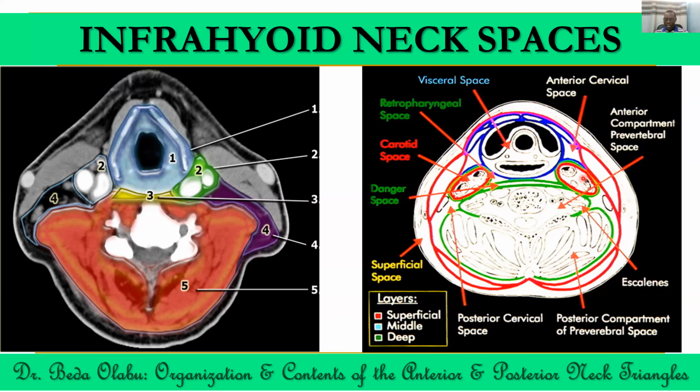The carotid space is this one here, enclosed by the carotid sheath. It houses the common carotid artery, internal carotid artery, internal jugular vein, vagus nerve. Of course, some lymph nodes will also be there.